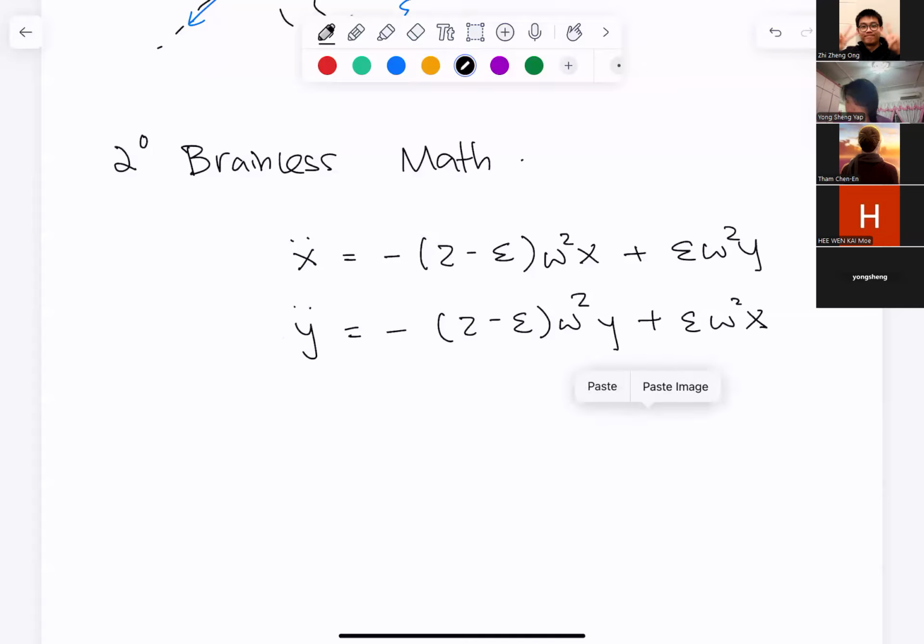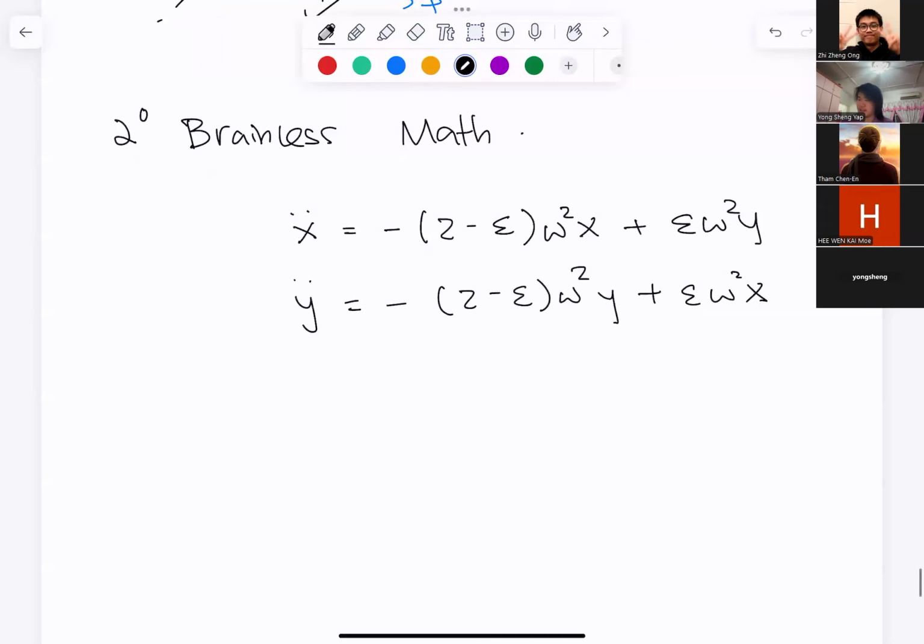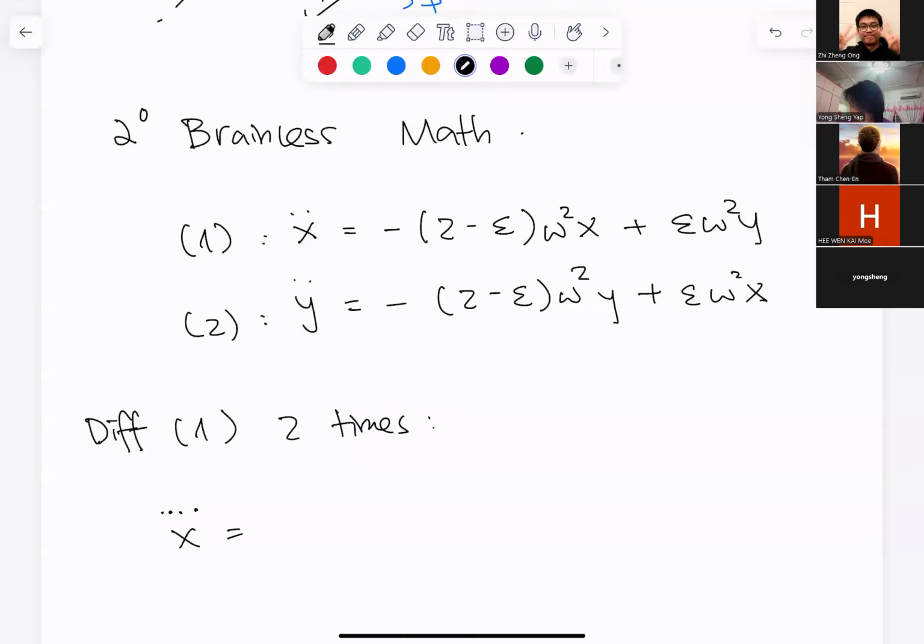Okay, and basically one thing to do is just differentiate one, two times with respect to time to get x 4 dots equals to negative 2 minus epsilon omega squared x double dot plus epsilon omega squared y double dot.